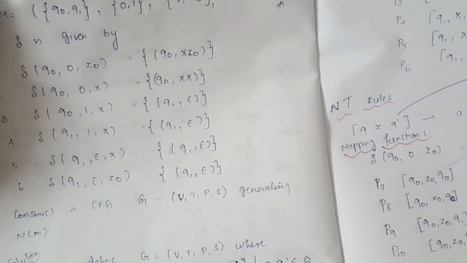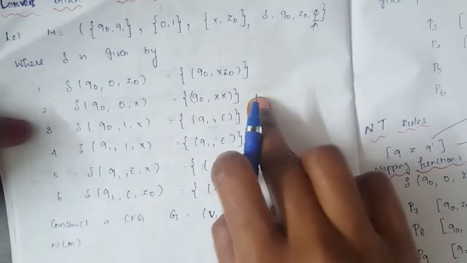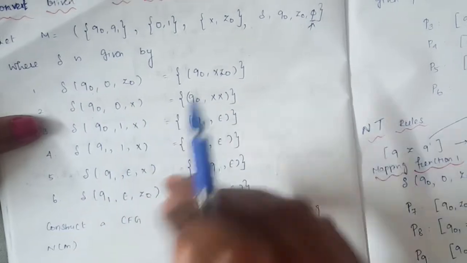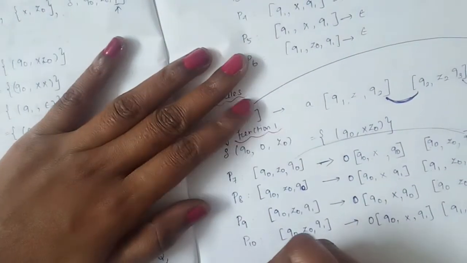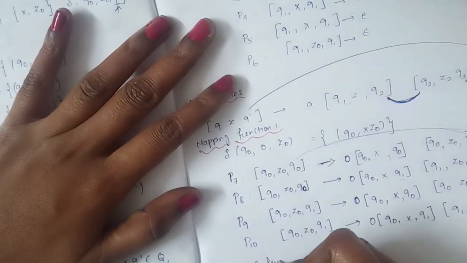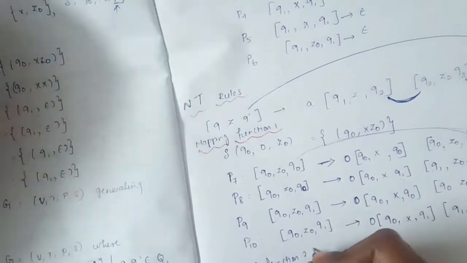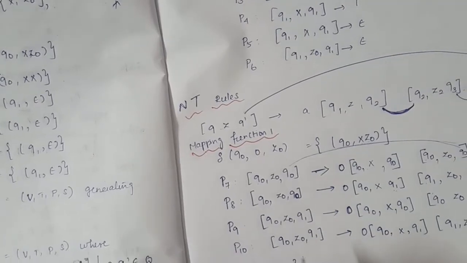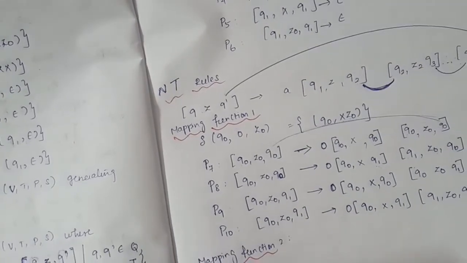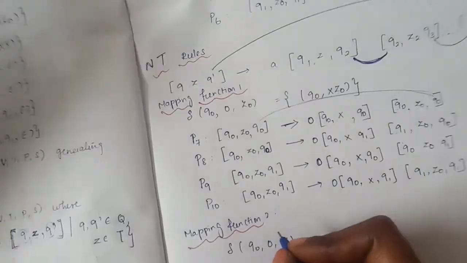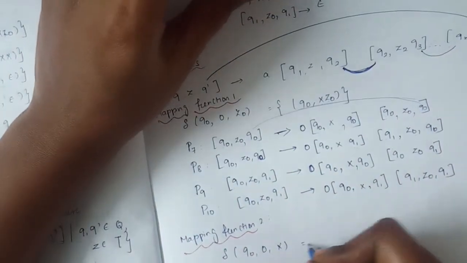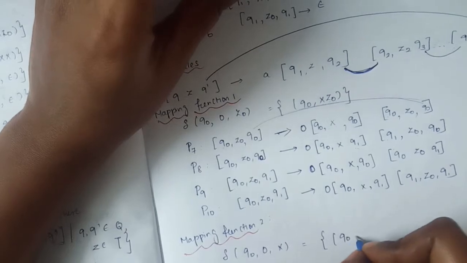For mapping function 2, so Q0 0x we have to rewrite the rule. So what is my mapping function? When I see this mapping function, del of Q0 0x equal to Q0 xx.